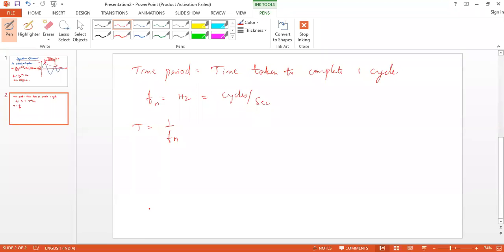Okay. Is it clear? Yes, sir. F is the natural frequency in terms of hertz, that is cycles per second, and inverse of frequency is time period, that is seconds per cycle.